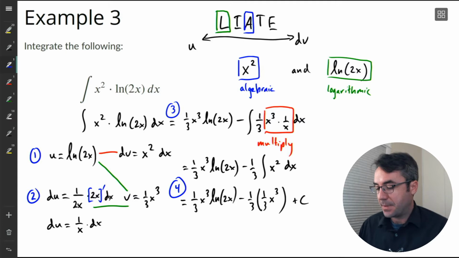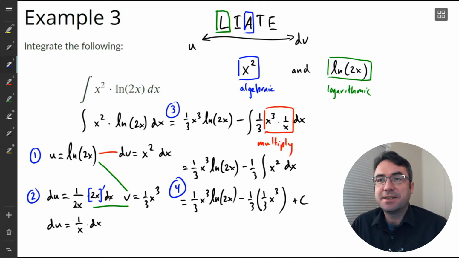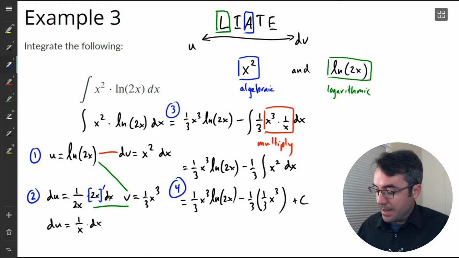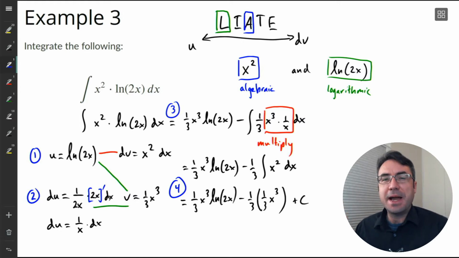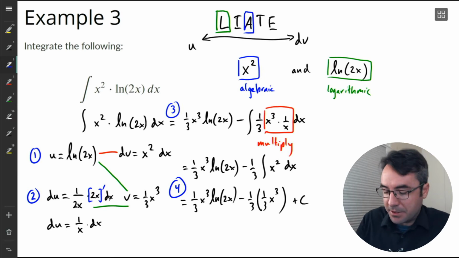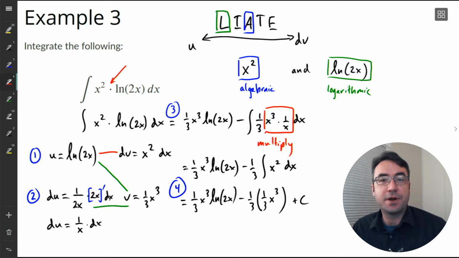All right. So that was more standard fare. Just using the acronym to help us choose u and dv. Let's see an example now where we have to get a little creative in how we set up the problem. And let's go in with the mindset that a lot of times we use integration by parts, what we're seeing is a product of two functions.